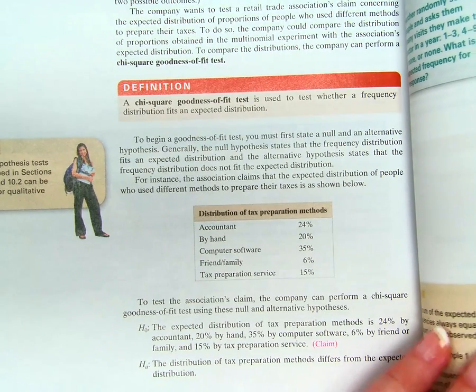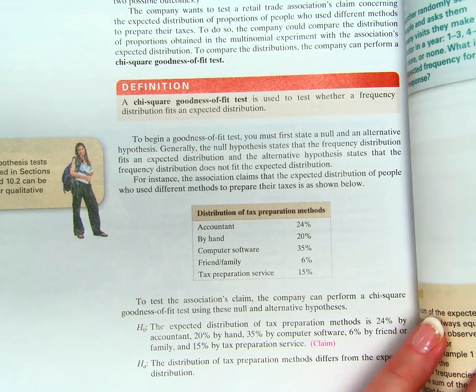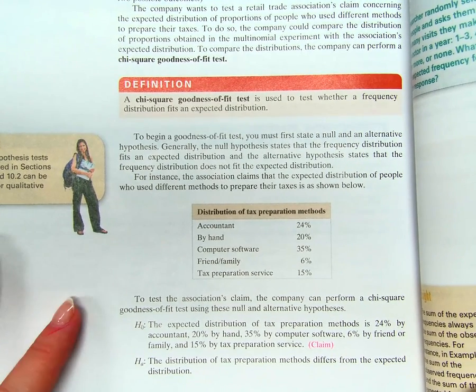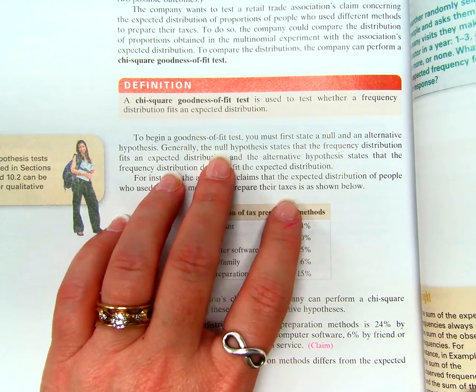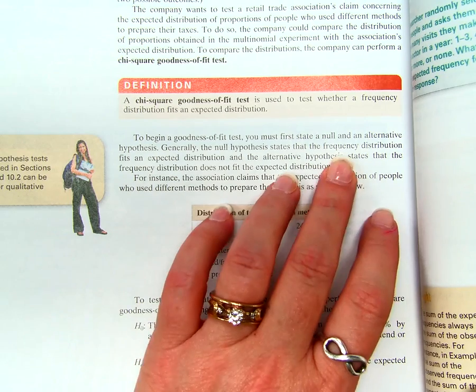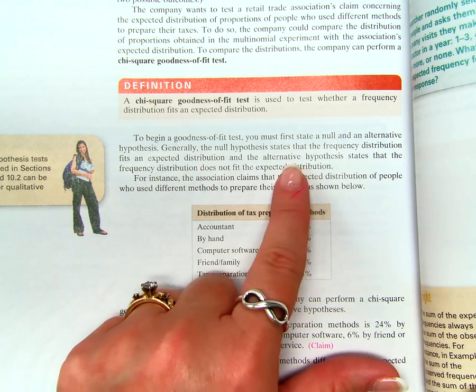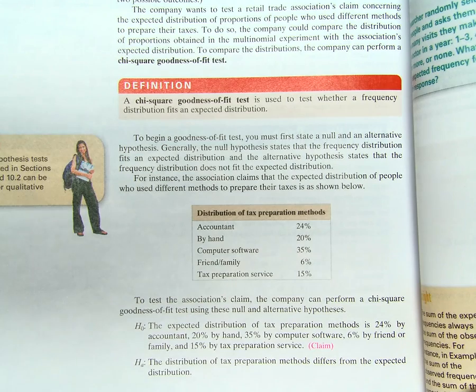To begin a goodness of fit test, you must first state a null and alternative hypothesis. We're used to that. We've been doing that, haven't we? Okay? Generally, the null hypothesis states that the frequency distribution fits an expected distribution, and the alternative hypothesis states that the frequency distribution does not fit the expected distribution.